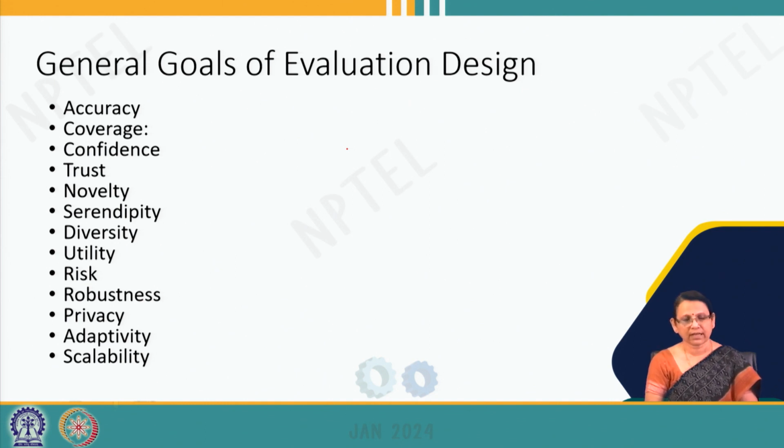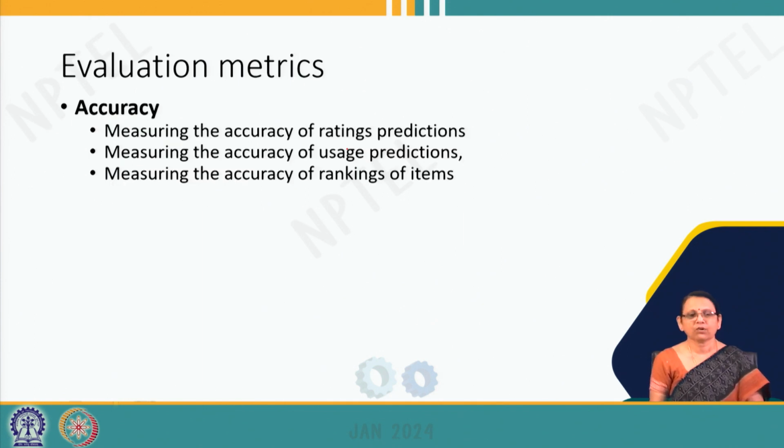However, there are others like coverage, confidence, etc. Now, coming to accuracy, you can measure the accuracy of rating prediction, the accuracy of usage prediction, and you can get the accuracy of the rank in case of a top-n recommendation.